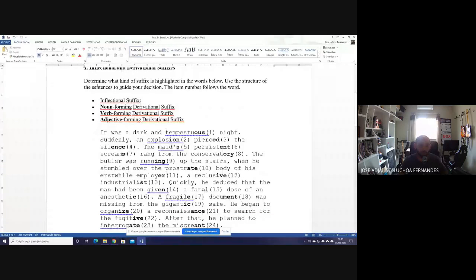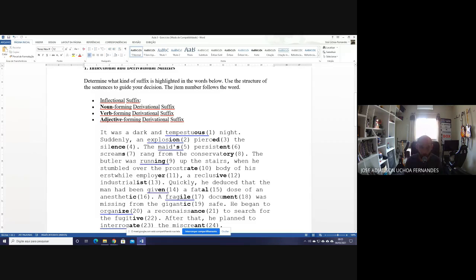Right. So, inflectional and derivational morphemes. Determine what kind of suffix is highlighted in the words below. So the suffix is highlighted here in boldface type. What kind of suffix is it? Use the structure of the sentences to guide your decision.